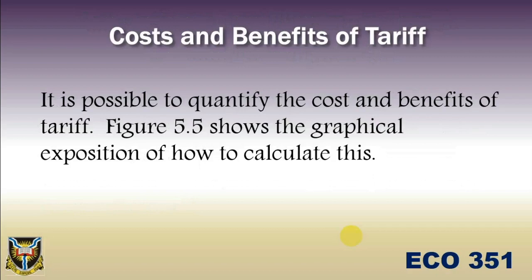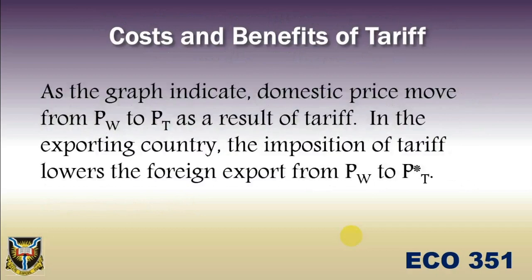Cost and benefit of tariff. It is possible to quantify the cost and benefit of tariff. Figure 5.5 shows the graphical exposition of how to calculate these. As the graph indicates, domestic prices move from PW to PT as a result of tariff.